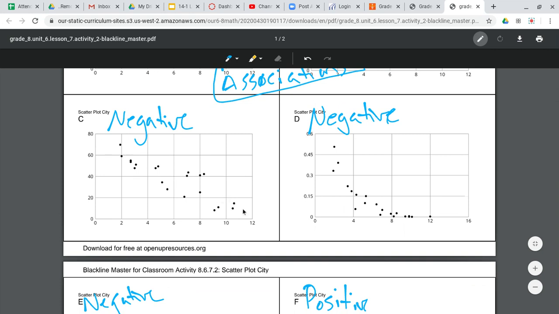Yeah, C, we could do a pretty straight line starting through there, going down right through there. So this would be a linear association. What about D? Could we draw a nice straight line through D? Nope. D is a curve. So it is going to be non-linear.